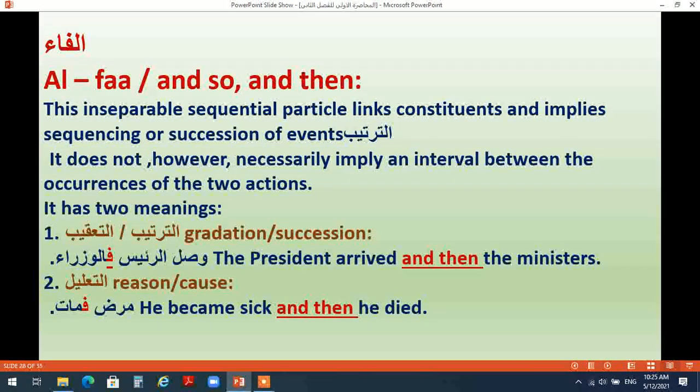For example وصل الرئيس فالوزراء. تلاحظون هنا عندنا ترتيب معين إنه the president arrived first and then the ministers. هذا نسميه ترتيب أو التعقيب.